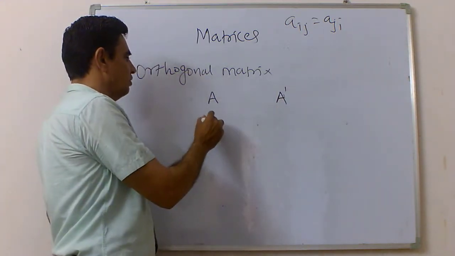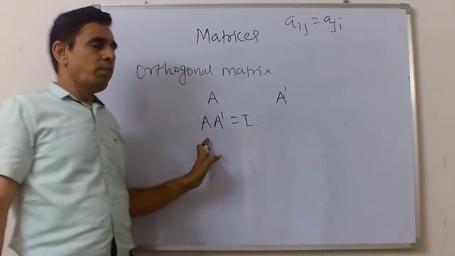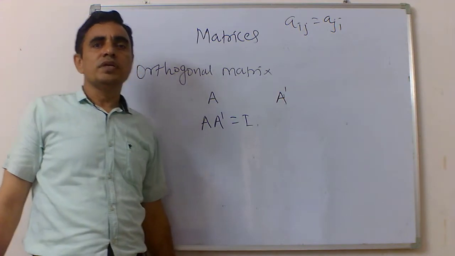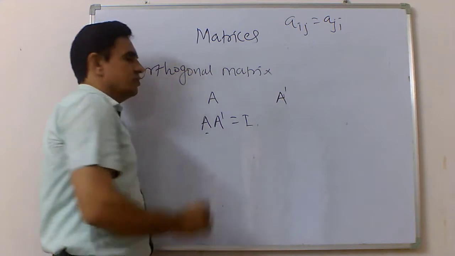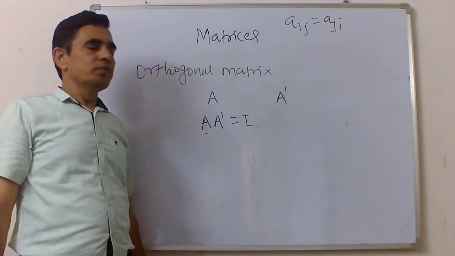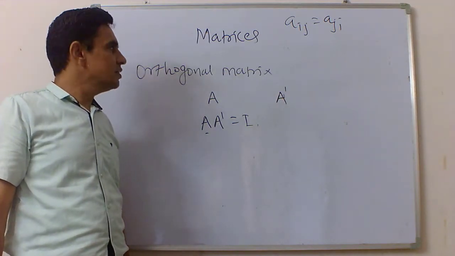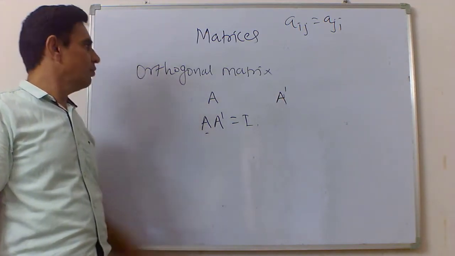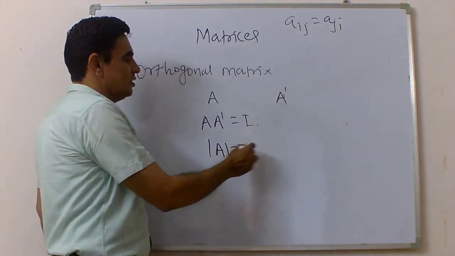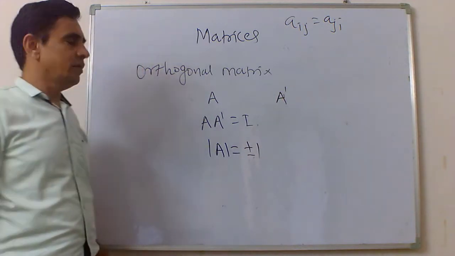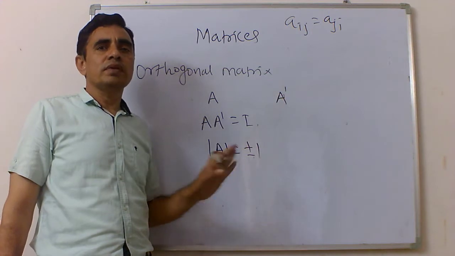If the product of A and A transpose is equal to the identity matrix, that is, the product of a matrix and its transpose is equal to the identity matrix, then A is called an orthogonal matrix. At that time we say A is an orthogonal matrix. Now the determinant of an orthogonal matrix is either plus 1 or minus 1 only.